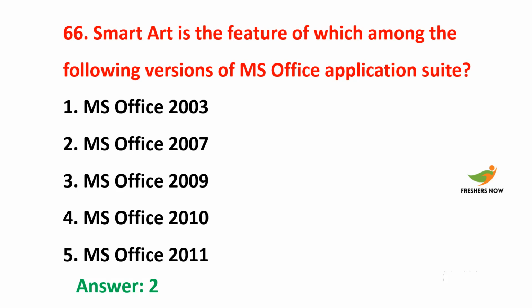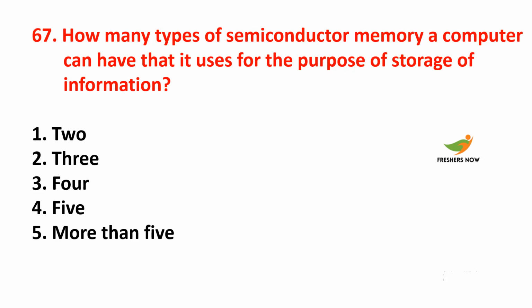And the answer is option 2, MS Office 2007. 67th question. How many types of semiconductor memory can a computer have that it uses for the purpose of storage of information? And the answer is option 2, 3.